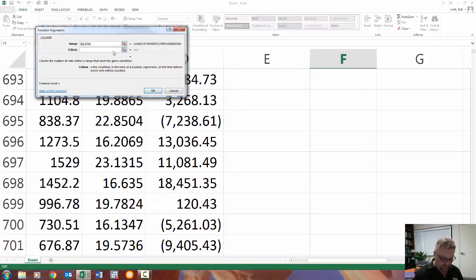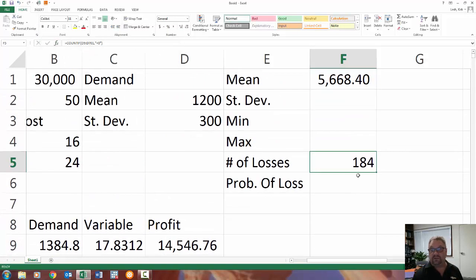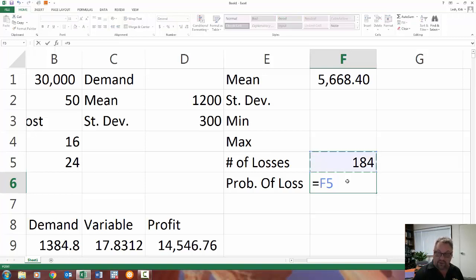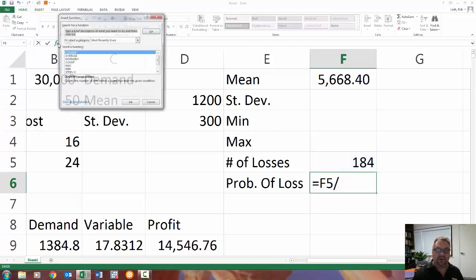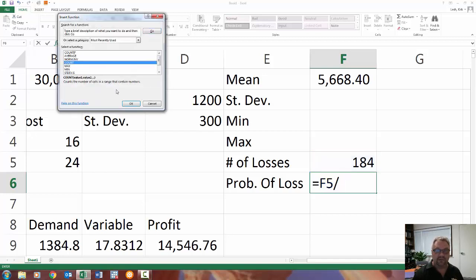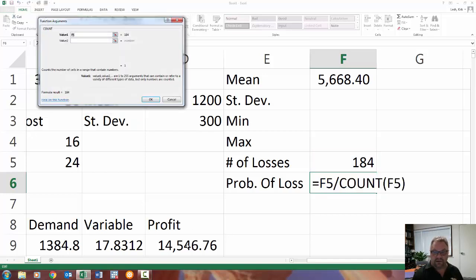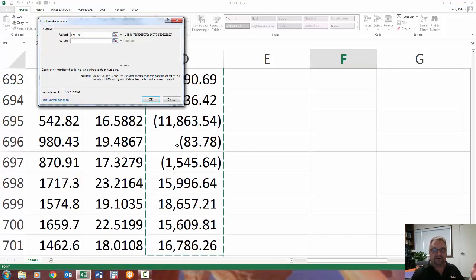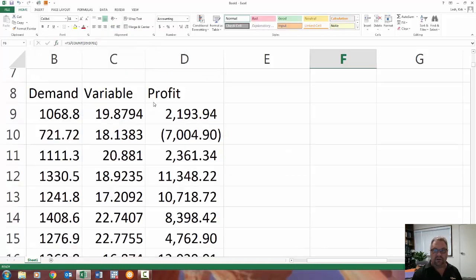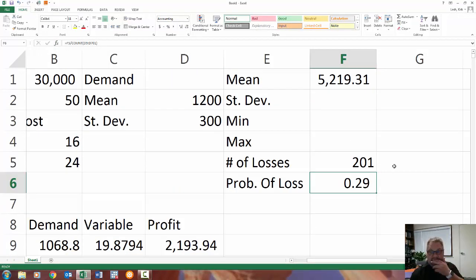And the criteria is anything less than 0. All right, so 184. What's the probability? Well, it's this number divided by the total number of my simulations. And the easiest way to do that is just to count how many simulations I ran. So I'll count that. I ran 693, which is fine. Hit OK. There, probability of loss is about 0.29.